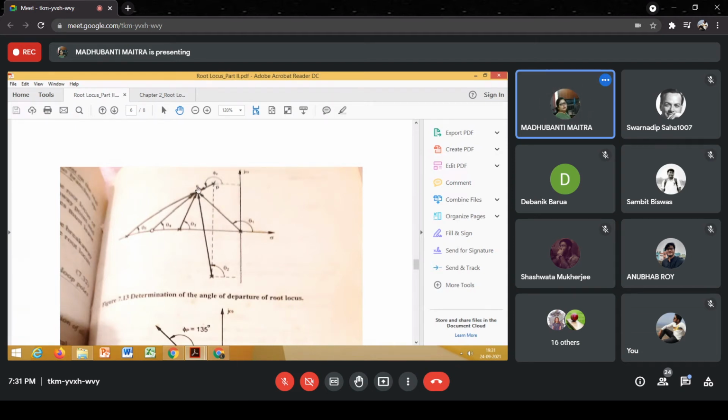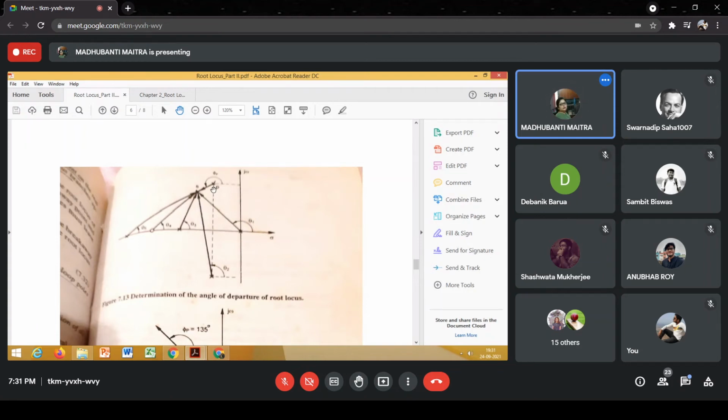At this particular point, let us find and write down the net angle contribution by all other open loop poles and zeros, excepting this particular complex open loop pole for which we want to find the angle of departure.